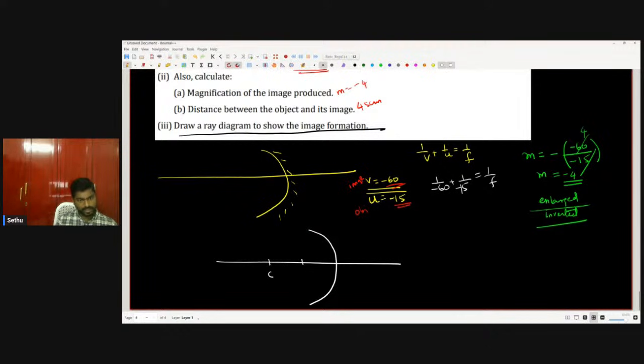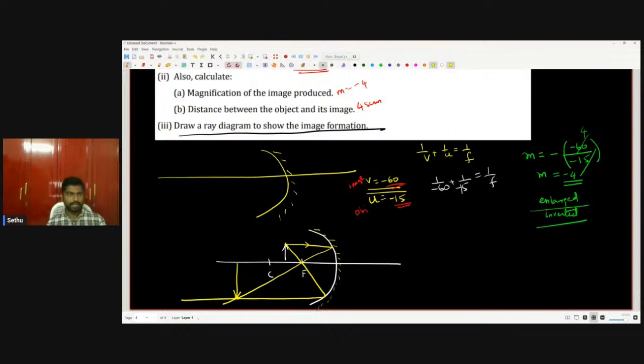Let's assume this is the focus. Let's say you have an object here. Now one ray parallel to the principal axis, after reflection, passes through the focus. One more ray goes like this, and after reflection goes this way. So this would be a proper ray diagram.